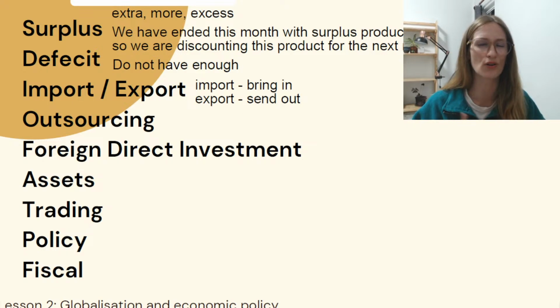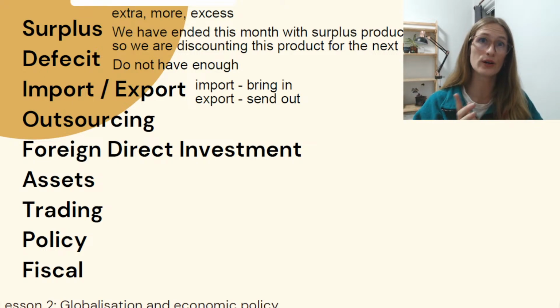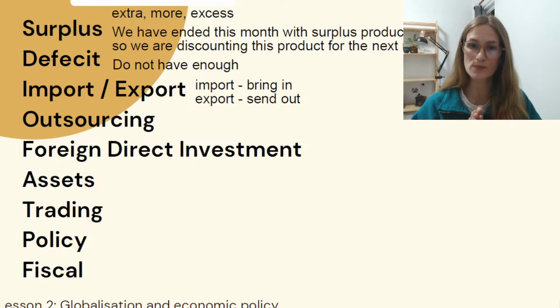Sometimes from Italy, but not often. And export is what you send out. So I know that the UK used to export a lot of cars, but not anymore because it's too expensive because of the EU tax regulations. So the UK no longer exports cars.